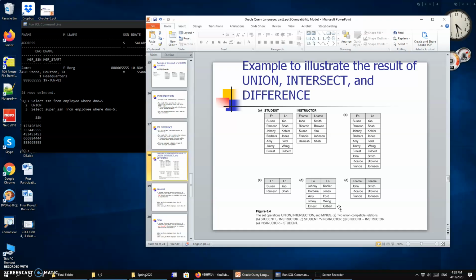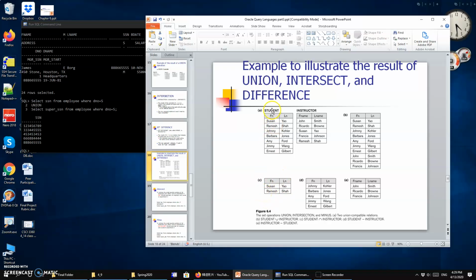Here is a very important thing for you to see. If we use student union instructor, that is exactly equal to instructor union student. The result will be the same B table. If we use student intersect with instructor, it will equal instructor intersect with student, which will result in the C table.